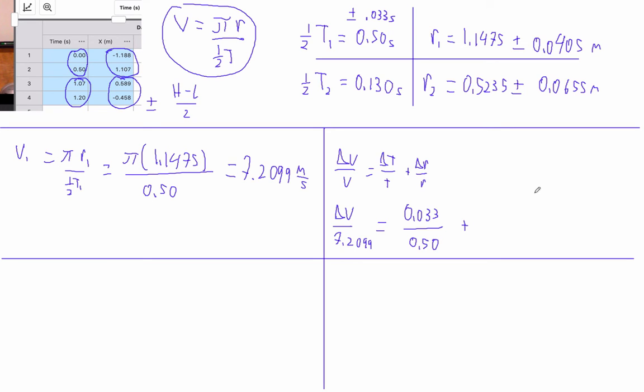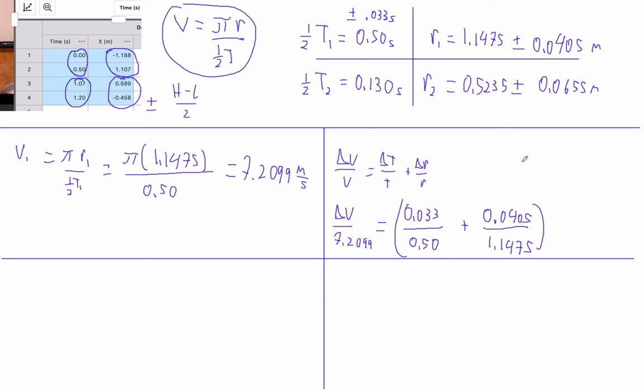And then plus 0.0405 divided by 1.1475. All right, so again, remember the way you do this is you figure out this stuff in the parentheses, multiply it by that. So I'm going to go times and then left parenthesis, 0.033 divided by 0.5 plus 0.0405 divided by 1.1475.